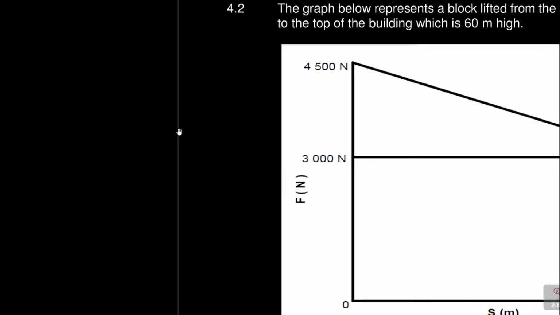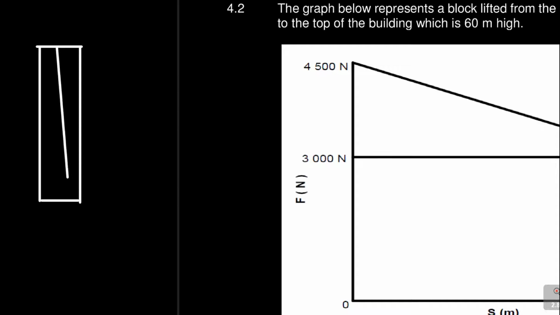It says the graph below represents a block lifted from the ground by means of a chain to the top of a building. So we always say picture a scenario where you have a building like this. Alright, so this is your building, and in this building you want to lift something down here like a block from the ground. So this is what you want to lift, but what are you using?